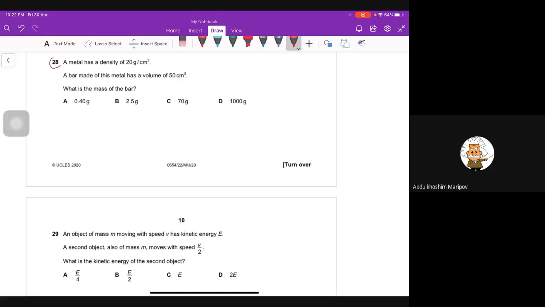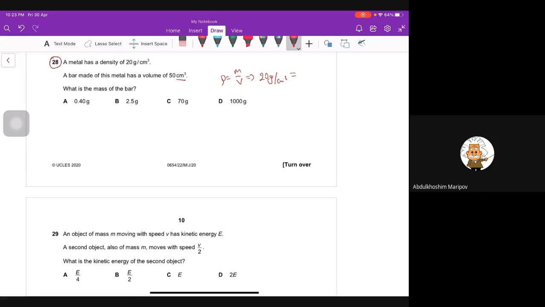Question 28. The metal has a density of 20 gram per centimeter cube. The bar made of this metal has a volume of 50 centimeter cube. What is the mass of the bar? Well, density would be mass over volume. Density is given, so 20 gram per centimeter cube, and volume is also in centimeter cube, so you don't need to convert anything here.